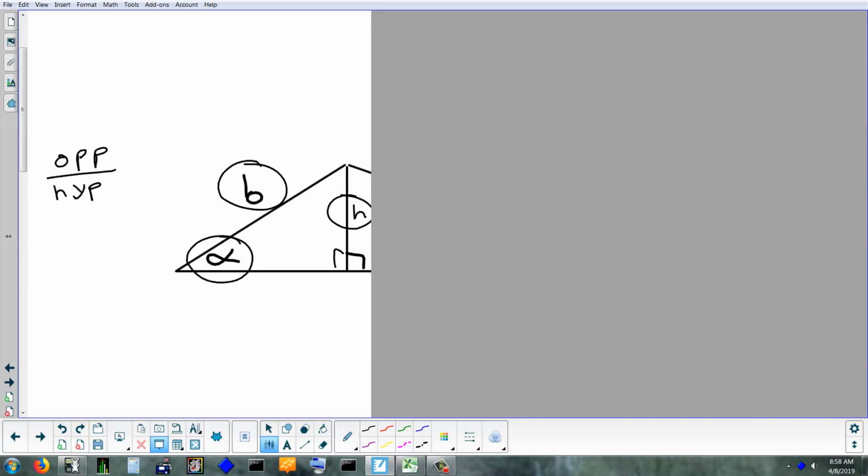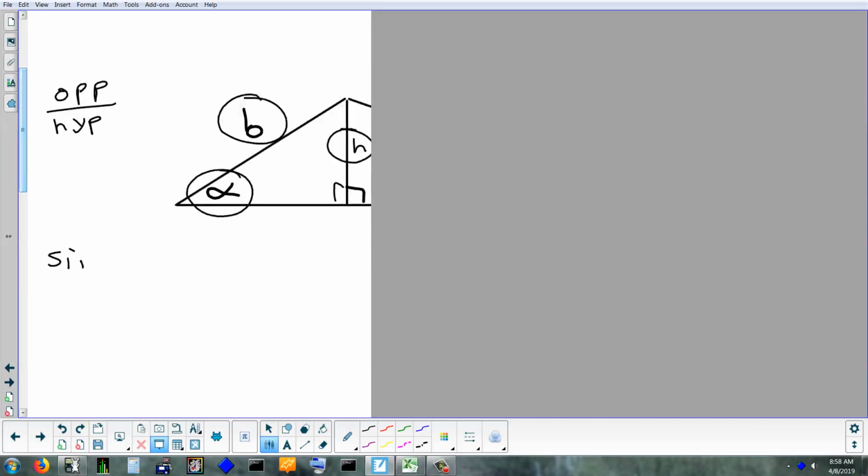What is it? Yep, it's sine. So I'm going to write down sine of my angle equals, now fill in the other side, opposite over hypotenuse. Opposite, we named H, hypotenuse, we named B. Now, my goal, I said, is I want H by itself. So how would I move the B to the other side?